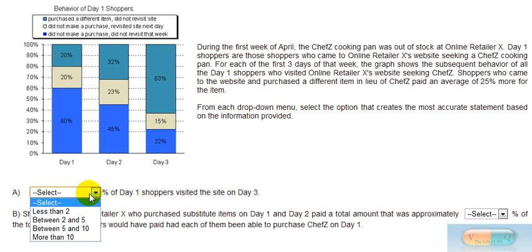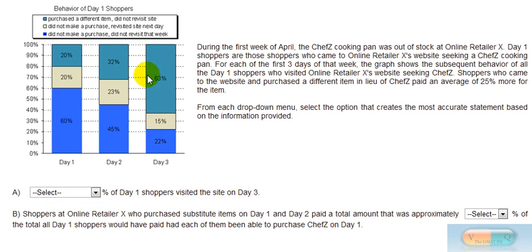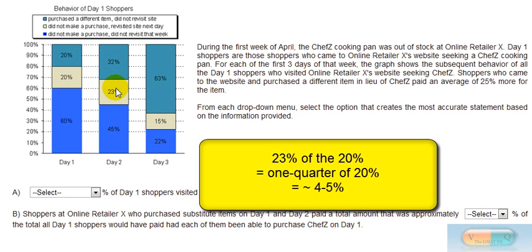Okay, so here are your options. It could be around 10% or more, or it could be less, in this range. Well, you basically know all of this is basically this 23%. So 23% of the people in Day 2 actually went to Day 3. So this 23% is what we're interested in. Well, this 23% represents how much of this 20%?